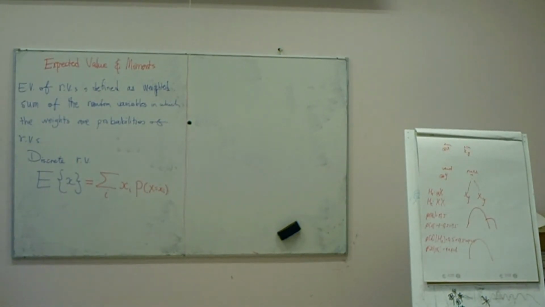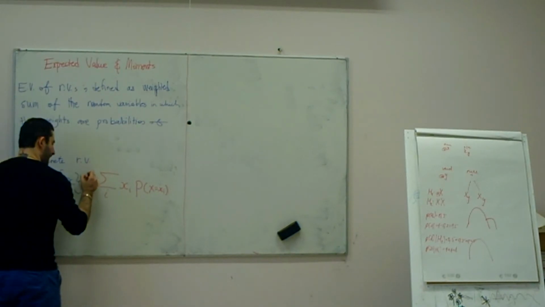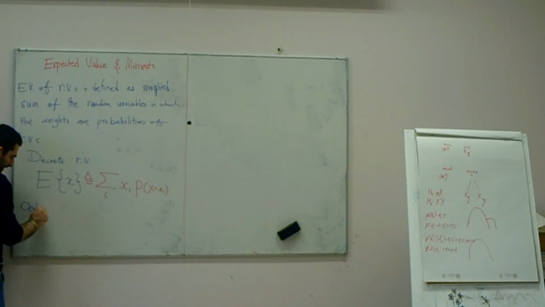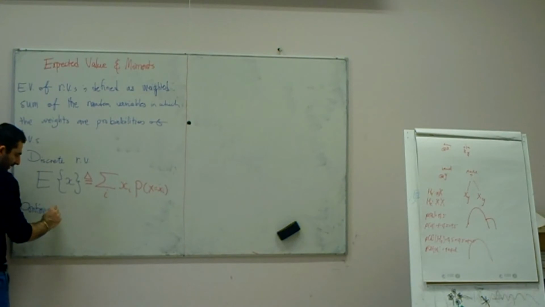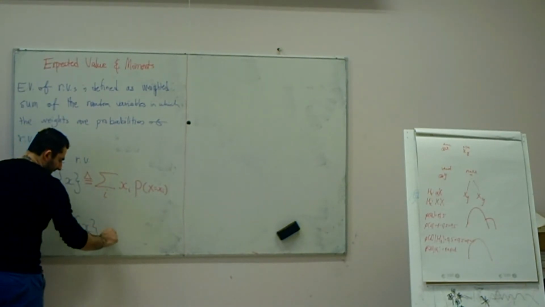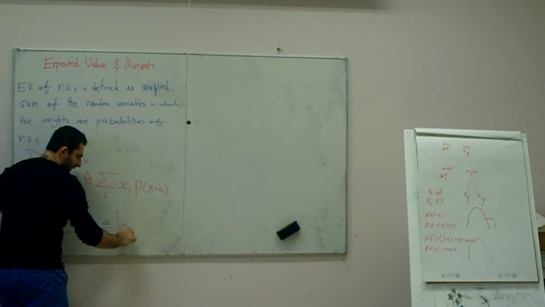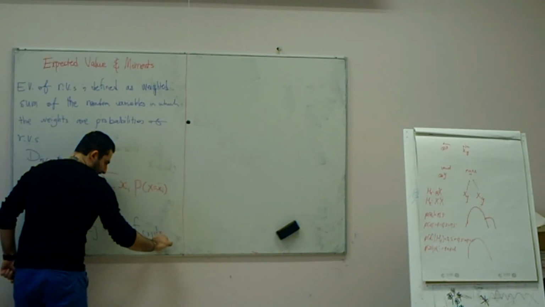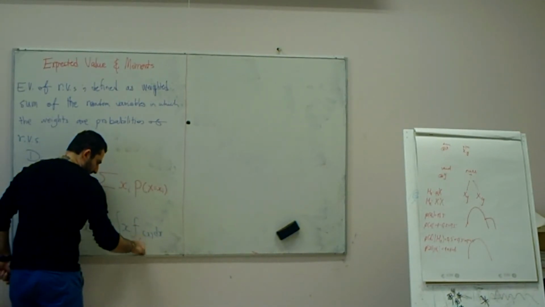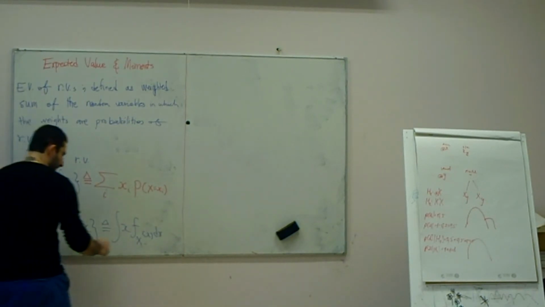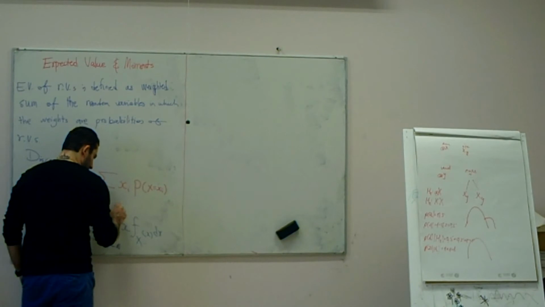Expected value is defined in this form. And in the continuous form, E of x is defined as the integral of x fx dx, of course from minus infinity to plus infinity.